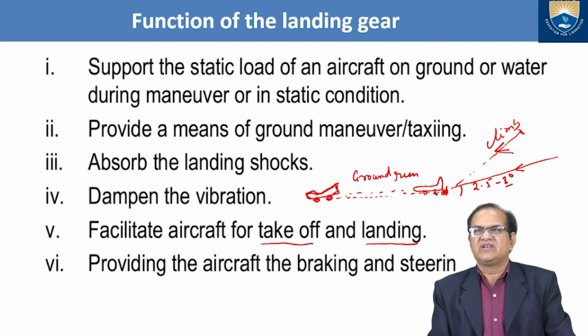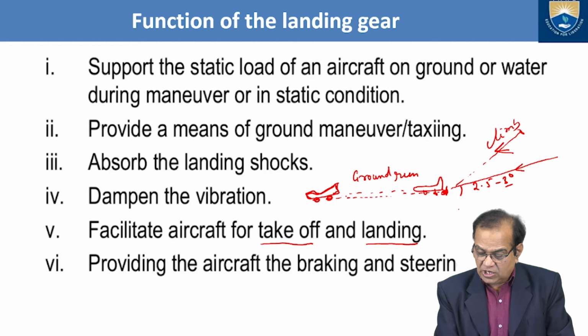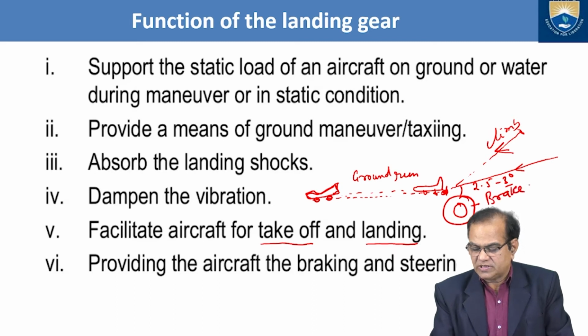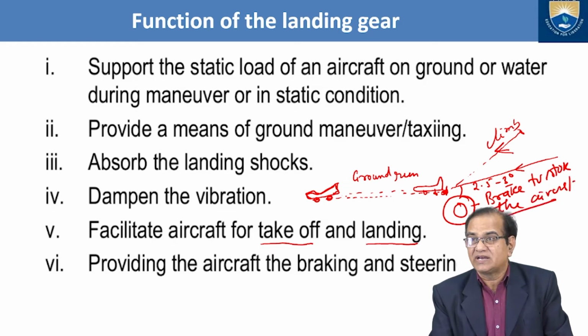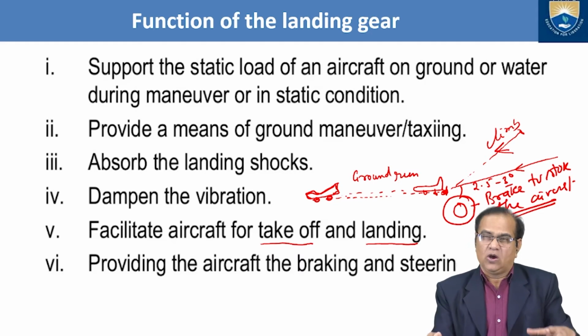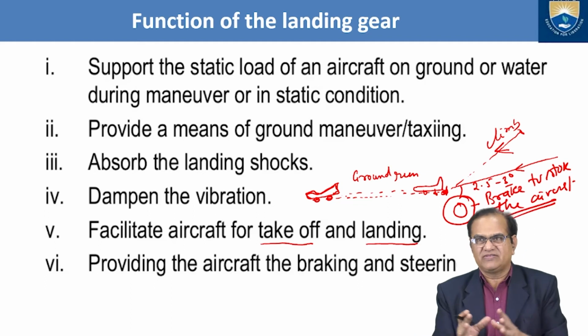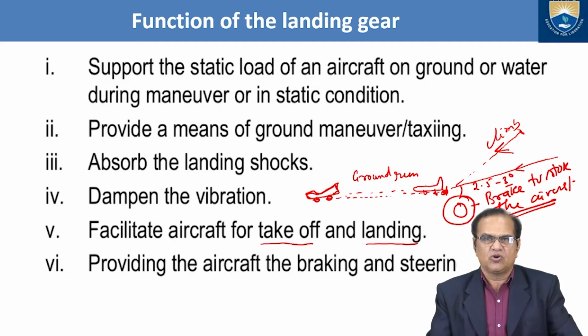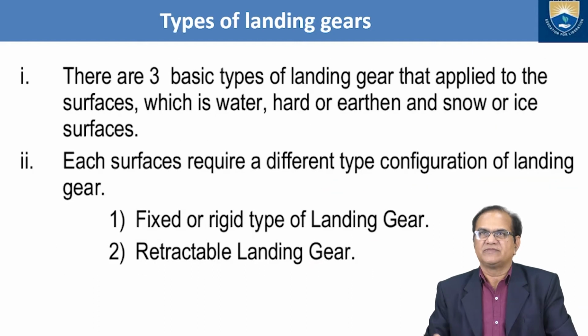Providing the aircraft the braking and steering function: it also provides braking, because wheels are there, and these wheels have to be given the brake to stop the aircraft during landing. During taxiing, whenever you want to turn, brakes are applied at that time also. So this also gives the braking capacity of the aircraft.